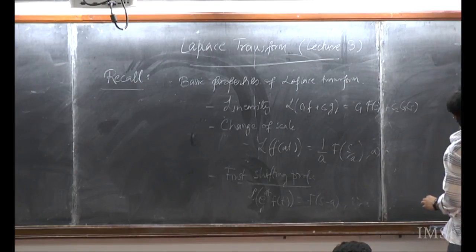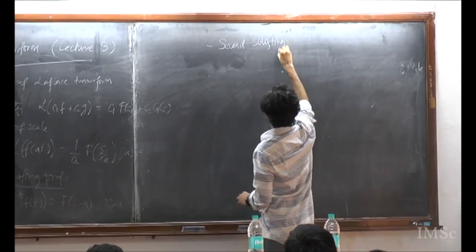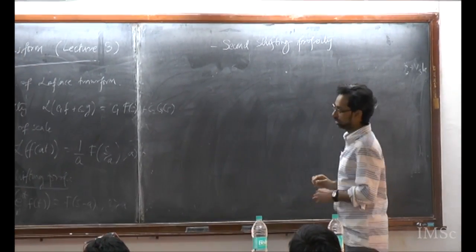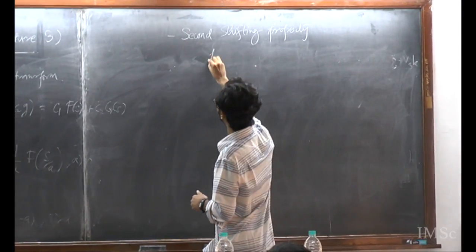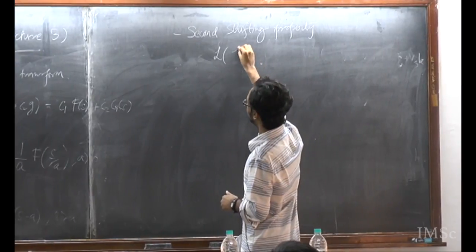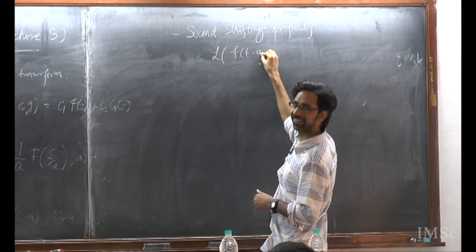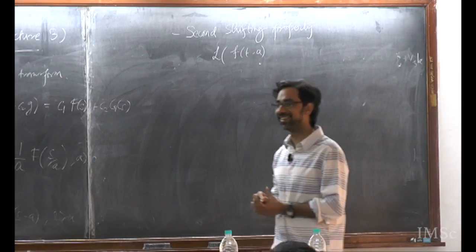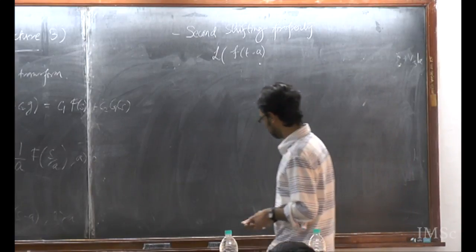Then comes the second shifting property. What was that? L of f(t minus a), what is it? Unit step function, yes, but I haven't talked about it yet.